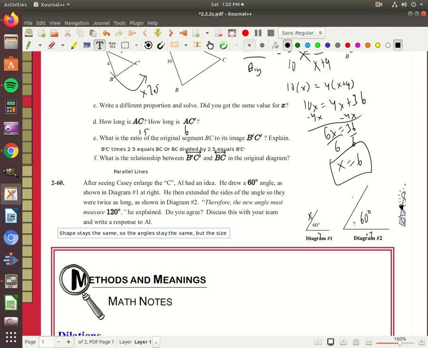But the size changes. Therefore, the sides would double, but the angle would stay the same.